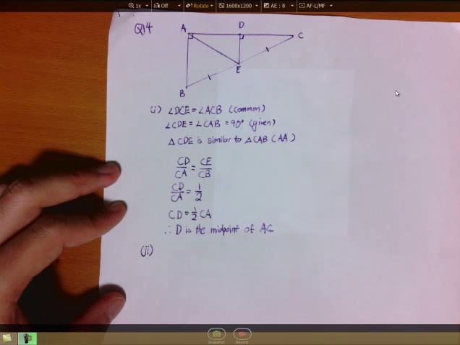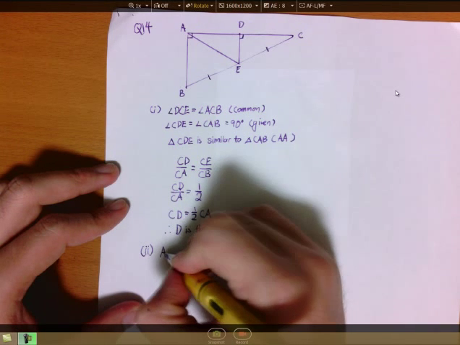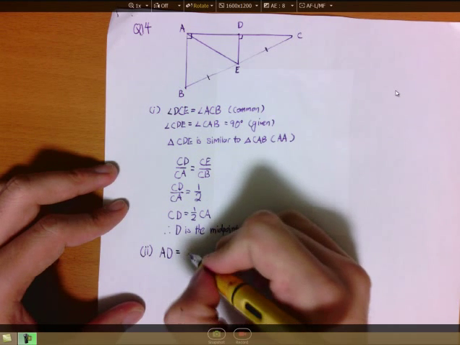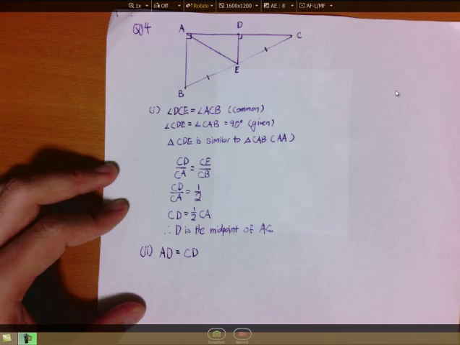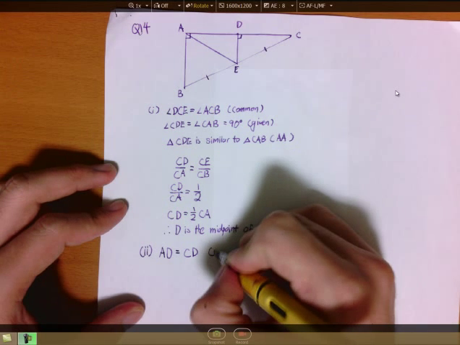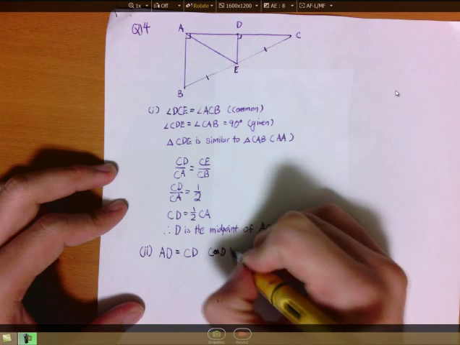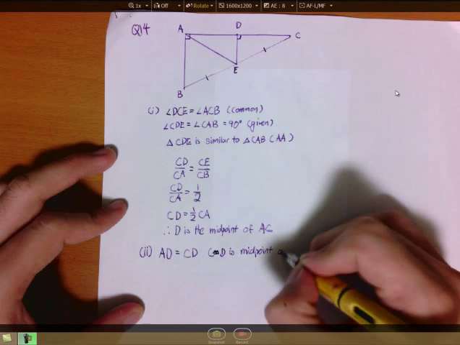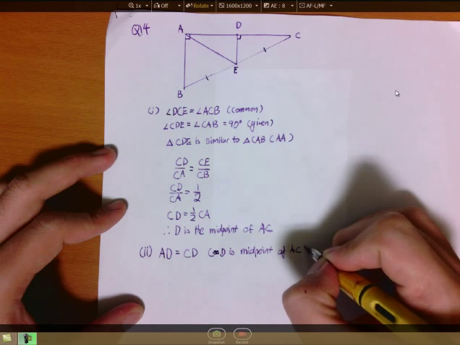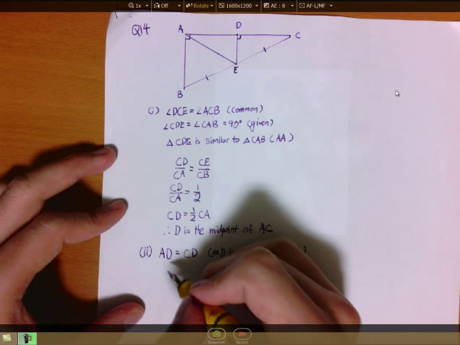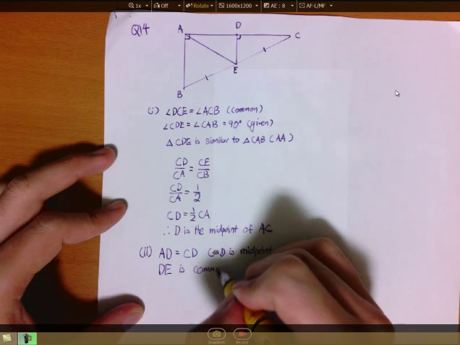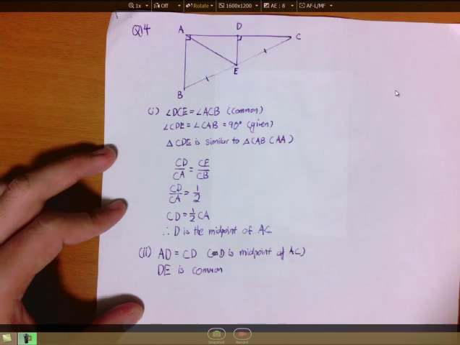So first and foremost, let's get started. I will know that the length of AD is equal to the length of CD. This one I know because D is the midpoint of AC. So I have one side. Then DE is common because they both share DE.